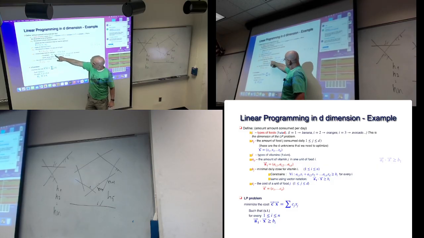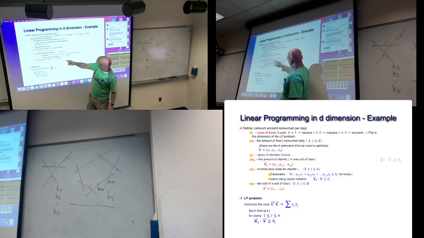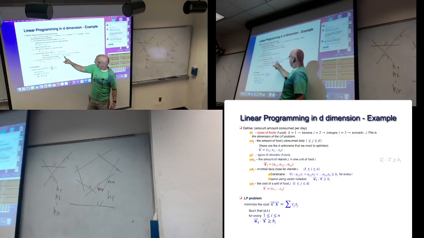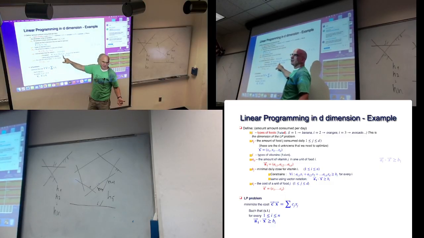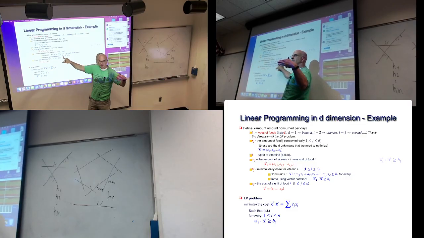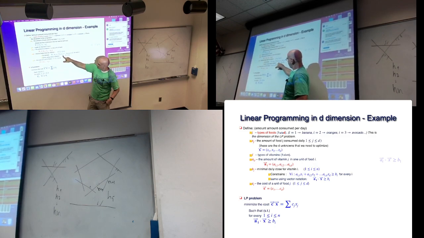Which now means that this big sigma, in vector terms, would be: take a_i, the constants of how many units of vitamin i you have in banana, how many units of the same vitamin in orange, how many units of the same vitamin in avocados, and so on.